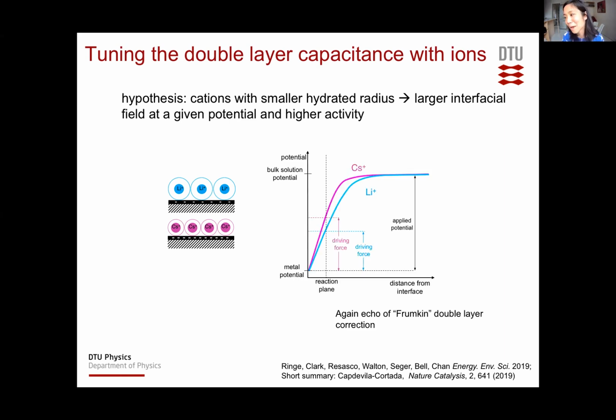The idea goes back to the Frumkin effects that I showed earlier when talking about the challenges in using explicit-implicit models. Cesium, due to its smaller size, can have a slightly larger packing density and therefore a larger stabilizing field. Really, this then tunes the double layer capacitance ever so slightly in favor of higher activity.